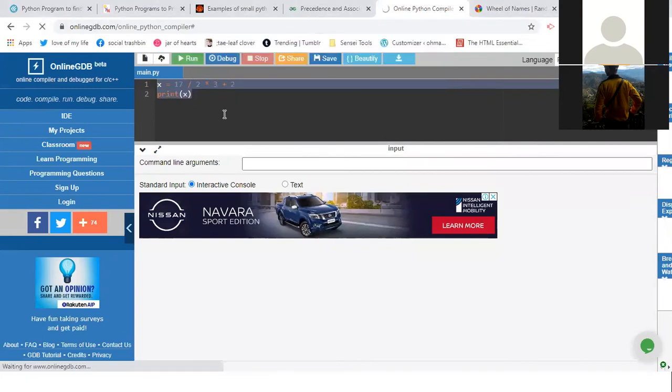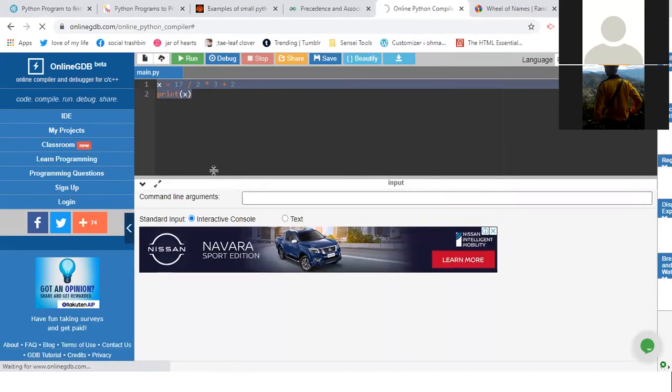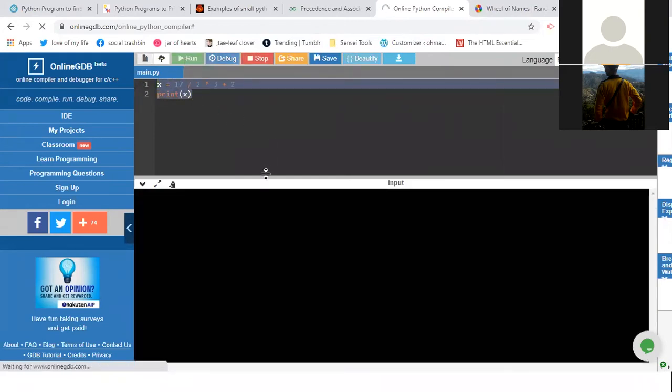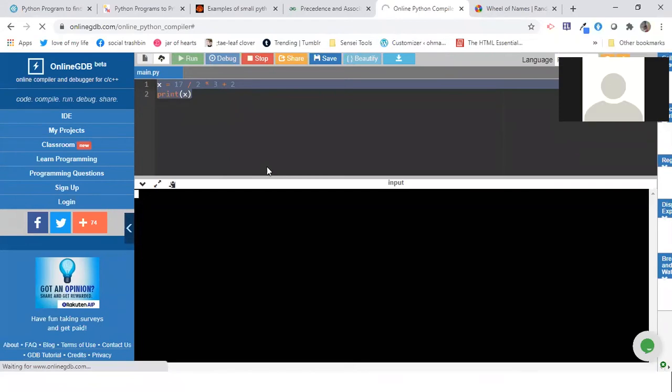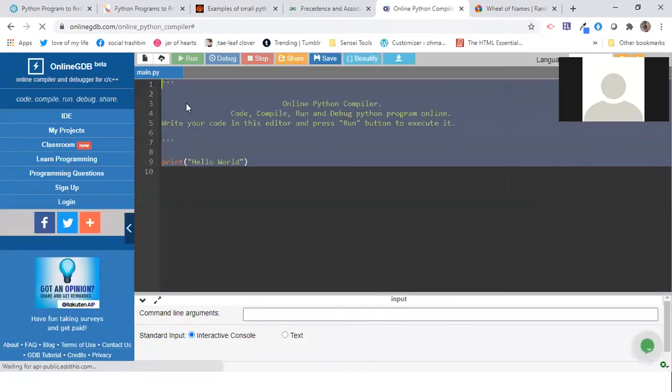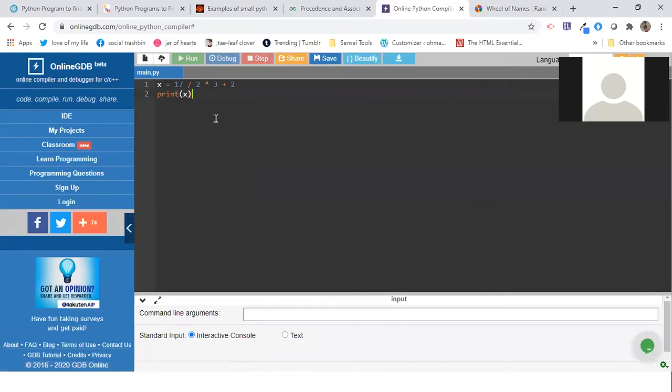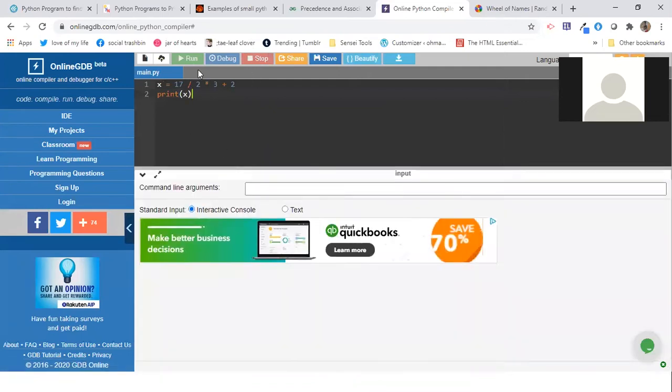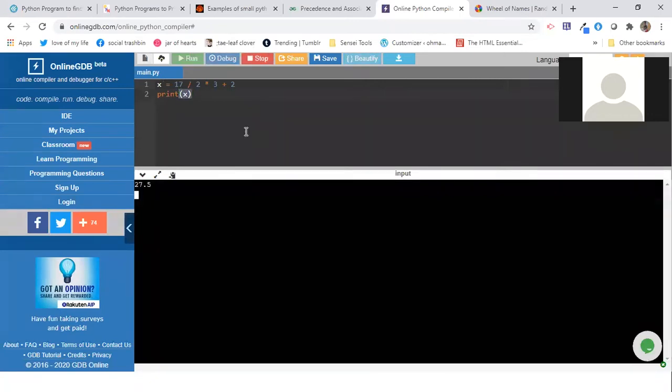Ayaw mong lumabas. Yan. Labas din siya. That is 27.5.